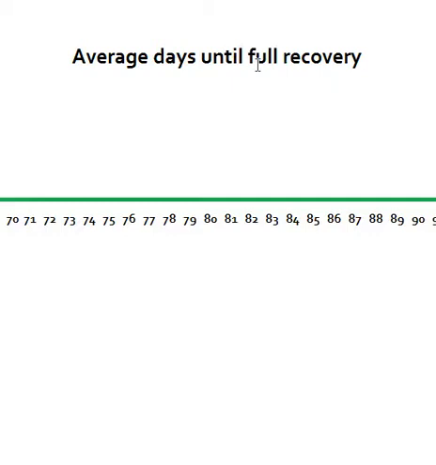And so we can't get data on every single person. Instead, we have to take a sample and use that sample data to try to estimate what the mean is, what the average is for the entire population. So let's go out, gather a good random sample of people.